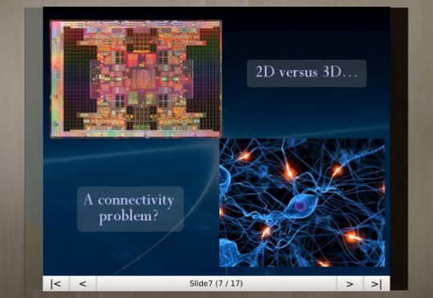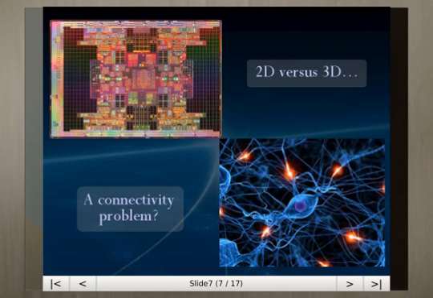The reason for that is that there's a limit to the amount of connectivity you can get between layers in a semiconductor device. And also there's a fundamental limit. If you try and make something three-dimensional and it's generating a lot of heat, it's really hard to get the heat out of the center of the processor object if it's inefficient. So we can already see that we have a problem with these things being inefficient and generating heat, and then we want to try and make them better connected to better simulate the brain. We kind of run into a problem there.